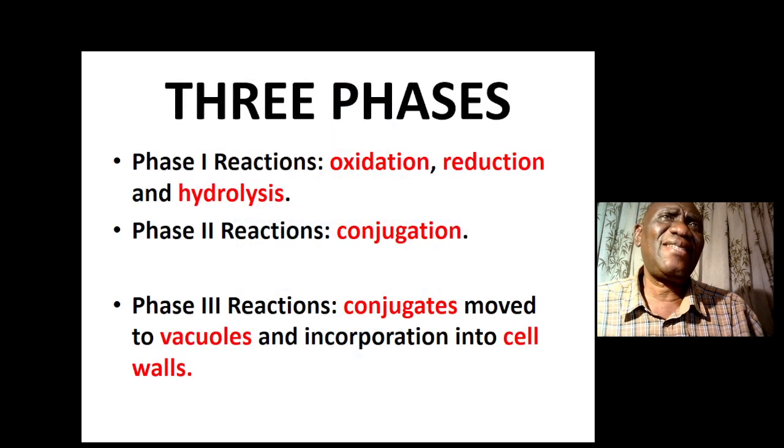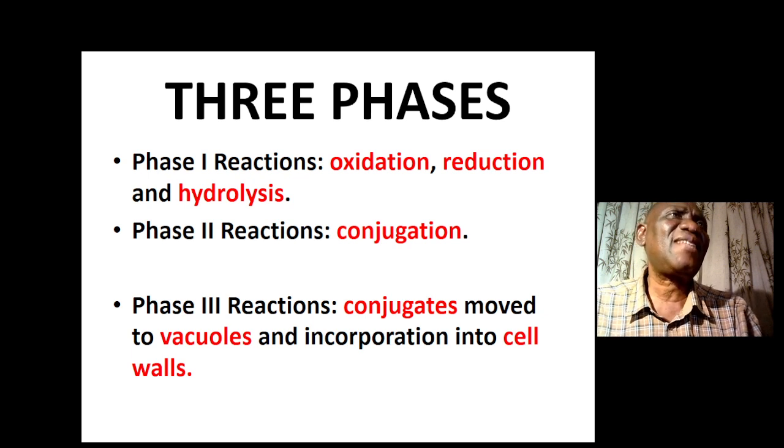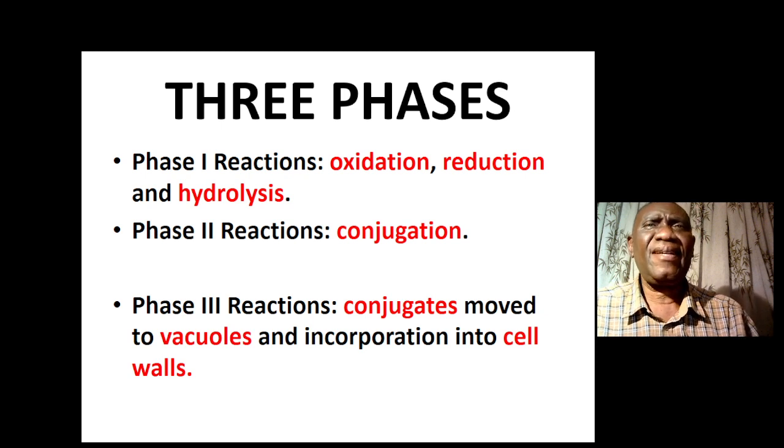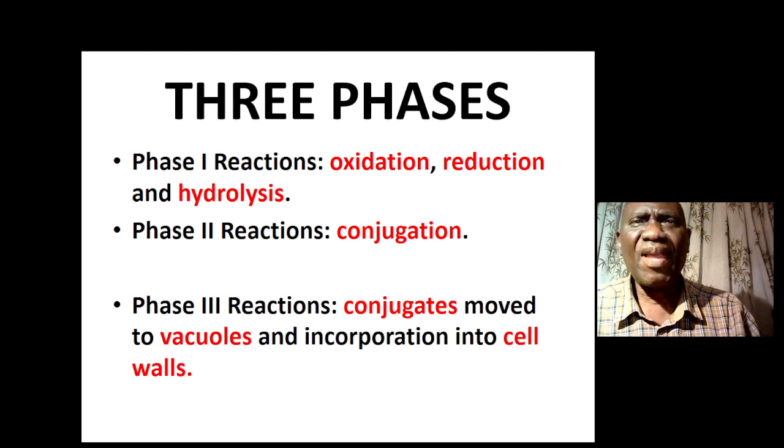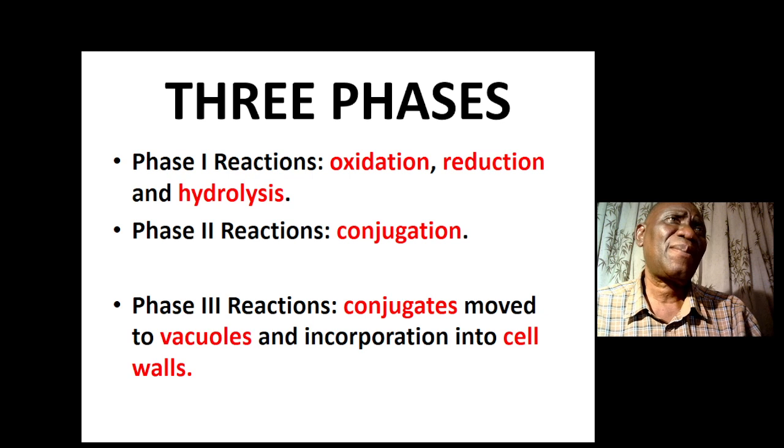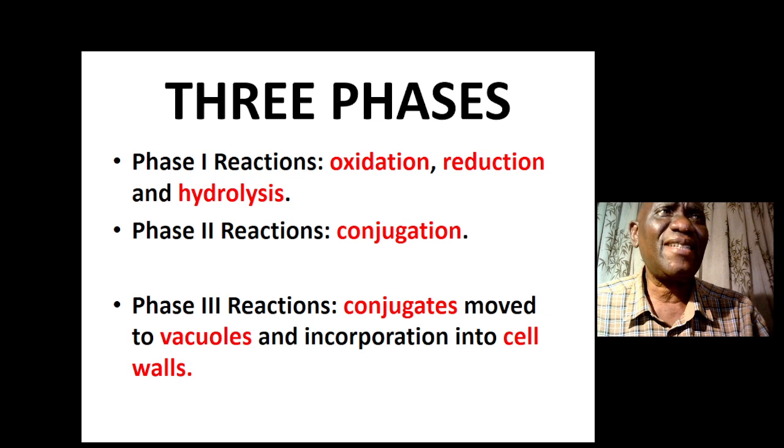So like I said in my introduction, if you take a pesticide and put it inside a pest, some of these reactions are going to take place. Phase 1 reactions will have oxidation, reduction, and hydrolysis.